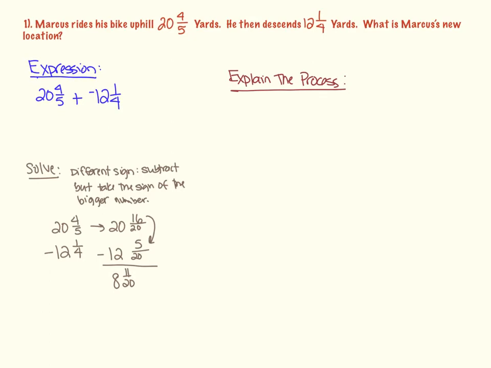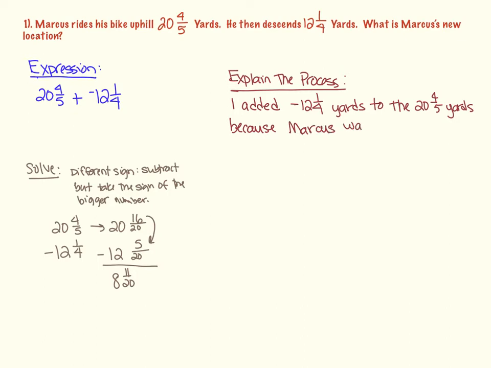So we're going to start out by saying, I added negative 12 1/4 yards to the 20 4/5 yards because Marcus was descending.